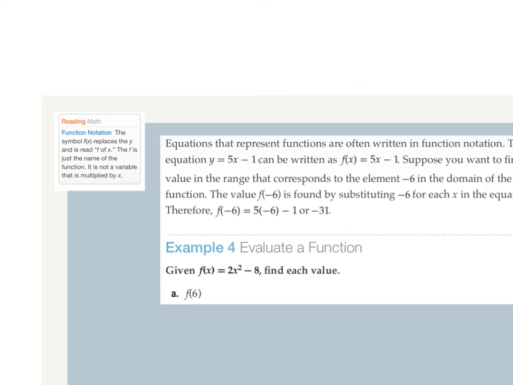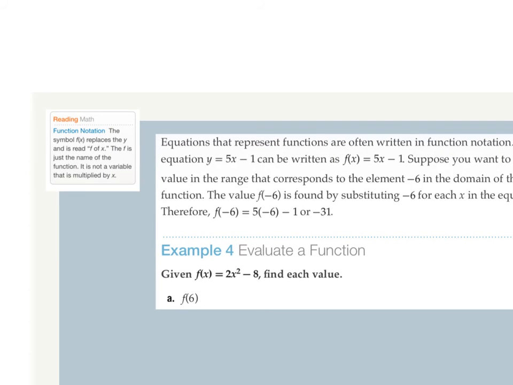When we see this f and then in parentheses x, we say f of x. And f is just the name of the function. So this f of x is just a fancy way of saying y.